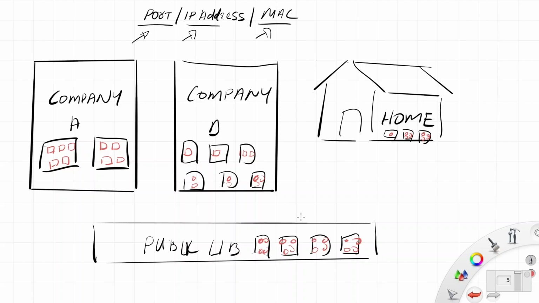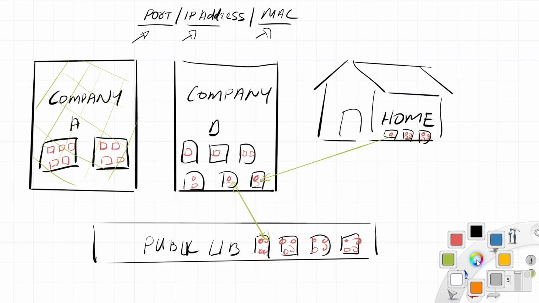Now, company A is very private. Company A is very secretive, and they don't want any of their data or computers connected to the outside world. So they don't have any connection to the outside world whatsoever. Company B is connected to certain homes and library. Company B is a little more open, so there are computers connected.